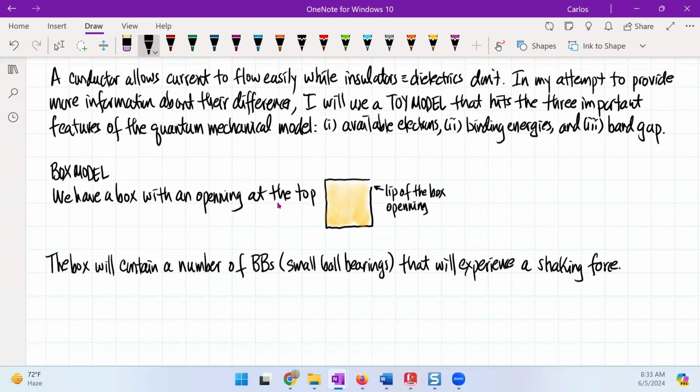So here's what we see here. So the first thing that we should look at is that we need to talk about the number of BBs. And what this does here is this is the number of available weakly bound electrons.